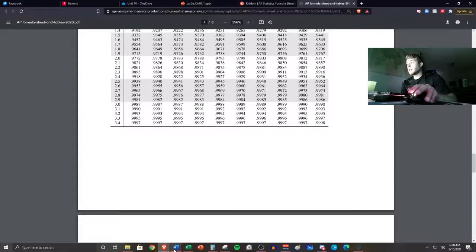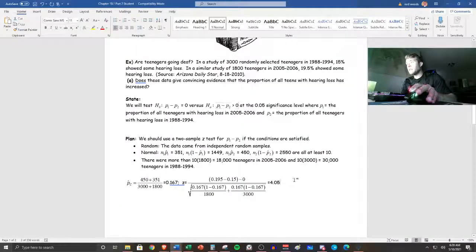So we're going to say that this p-value is approximately 0. Okay. So how the statement goes, if the p-value is low, reject H0, right? That's how it goes. So we are going to reject the fact that this has stayed the same, right? There seems to be some evidence that suggests that the mean hearing loss has increased.